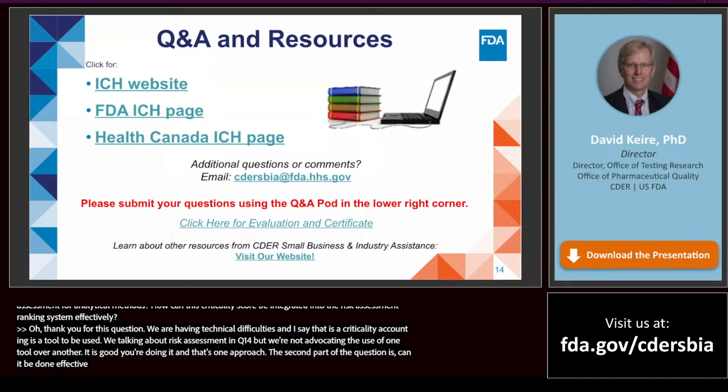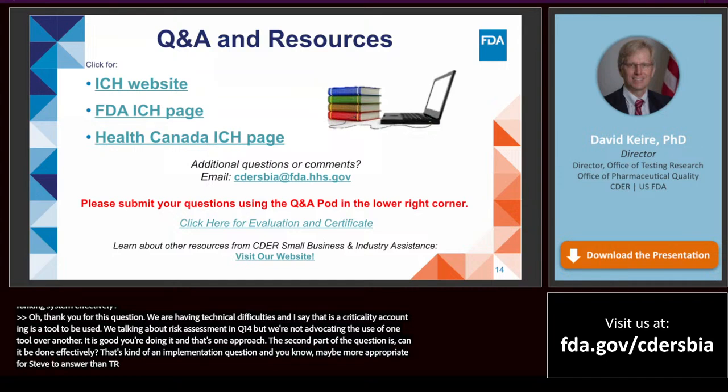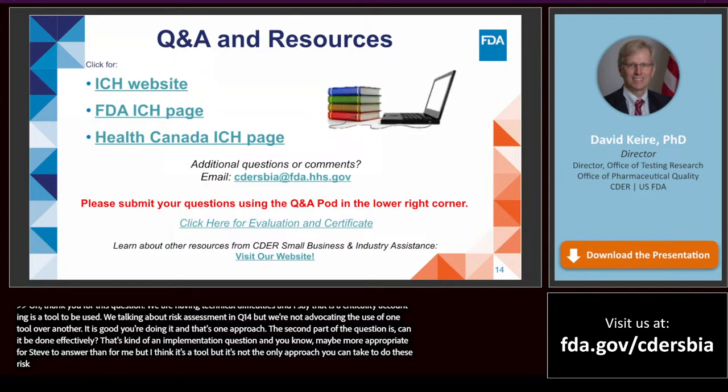That's kind of an implementation question, and maybe more appropriate for Steve Mahoney to answer than for me. But I think it's a tool, but it's not the only approach you can take to do these risk assessments. It's certainly one that a lot of people do use, and there's a host of scientific literature describing effective ways of doing that.